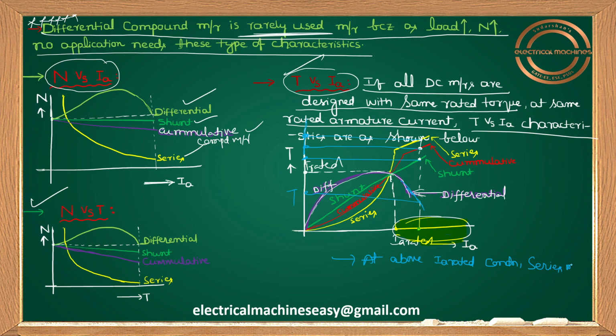Series motor develops the highest torque, then cumulative compound motor, then shunt motor, and least for the differential compound motor.